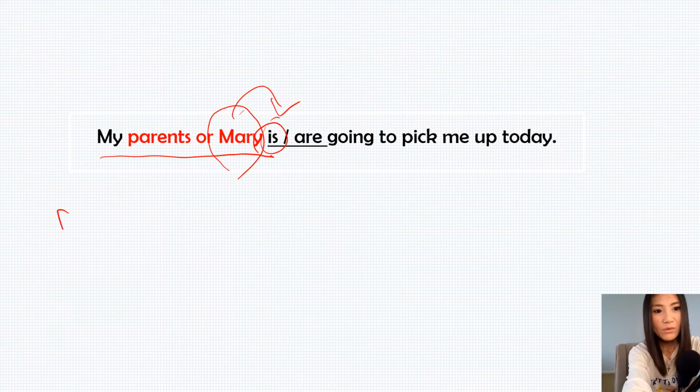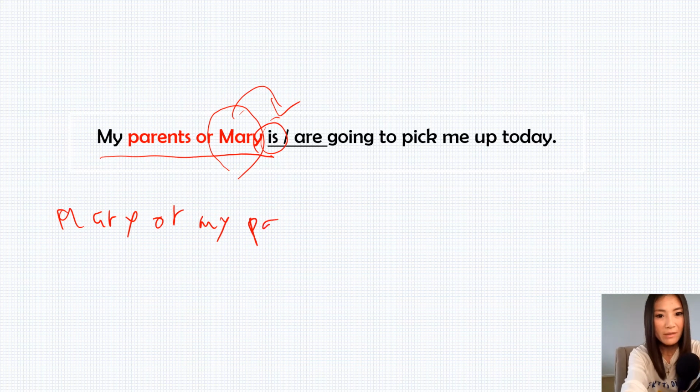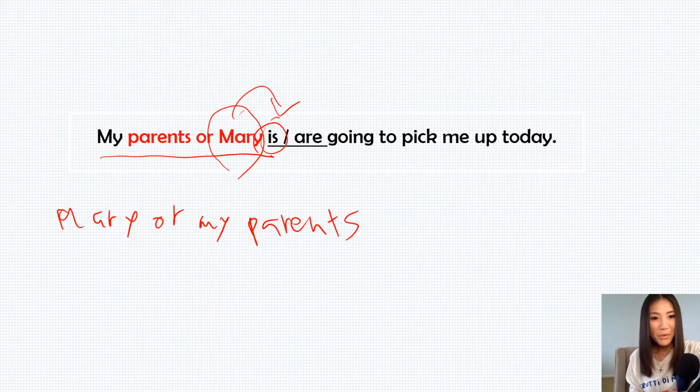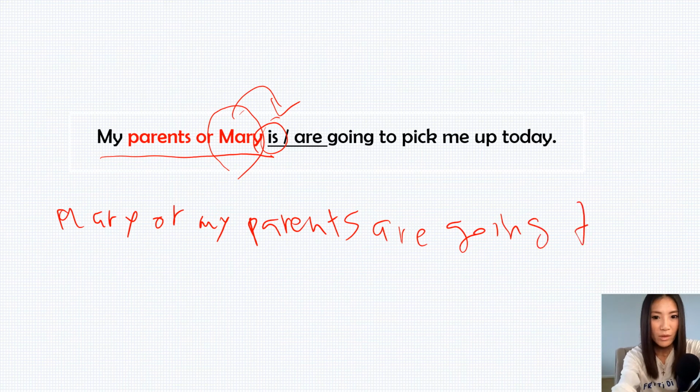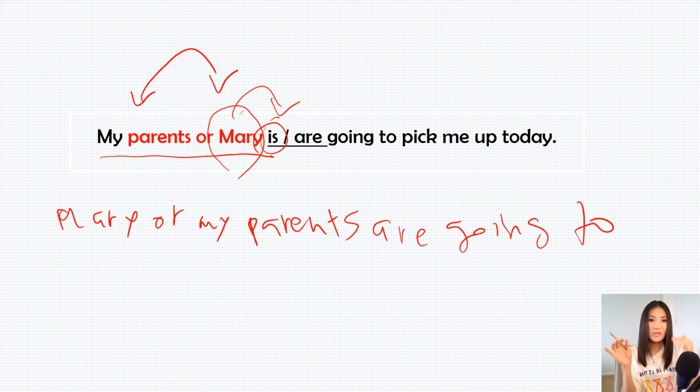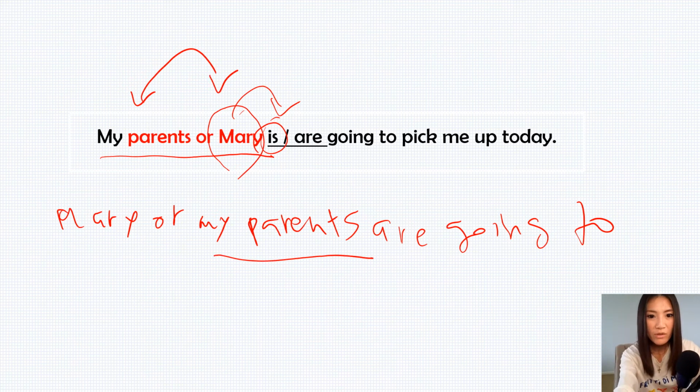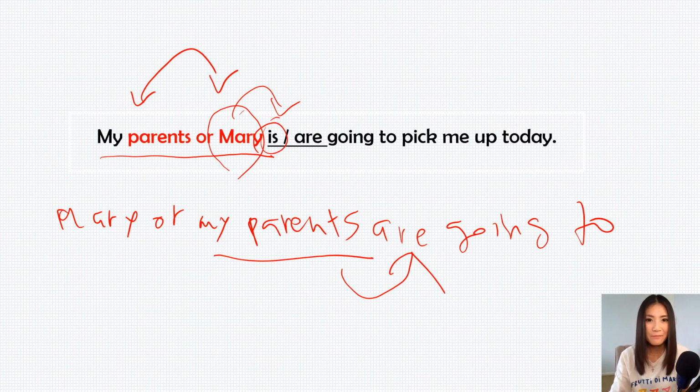However, if I switch it around and I say Mary or my parents, wow, that is some ugly writing. Mary or my parents are going to pick me up. If I flip these subjects around and put Mary first and my parents are closer to the verb, then it becomes are. I hope that makes sense. And I hope you can read my writing.